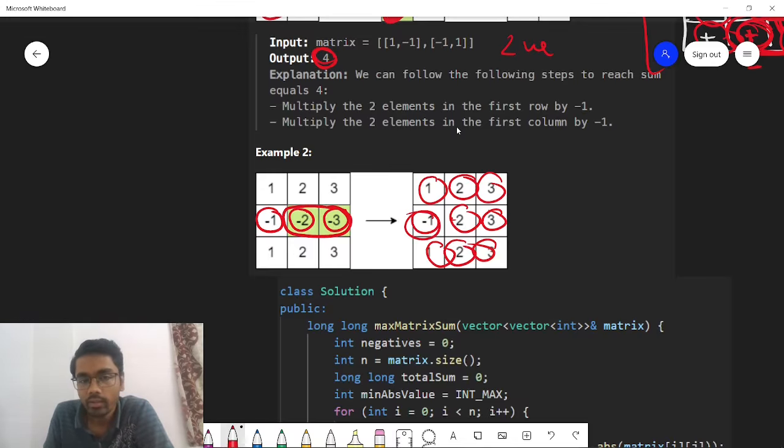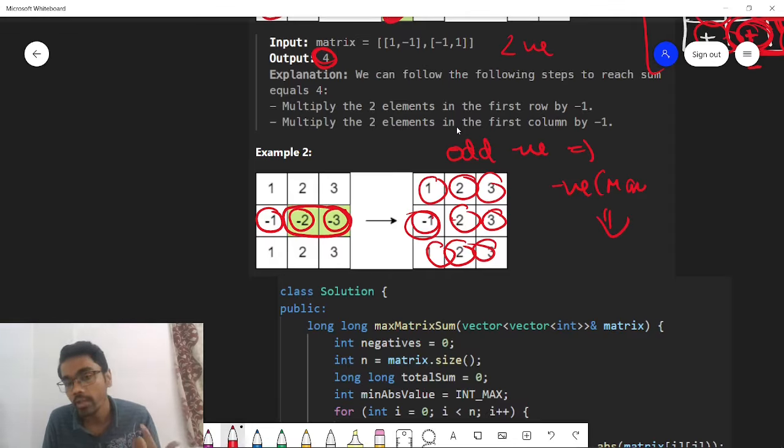But is it really the exact case that we need to do? Because if we have an odd number of negatives, we will try to convert the maximum magnitude negative numbers to positive, because that is when only we will be getting our maximum sum, right?